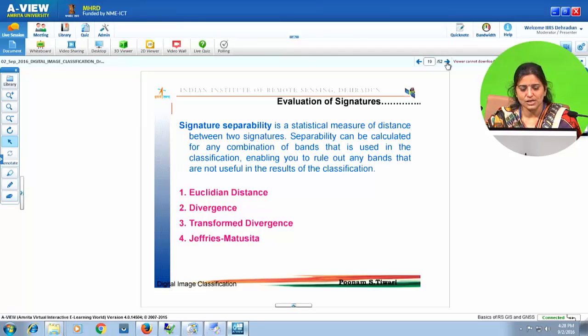You can use any of the distances such as Euclidean distance, divergence, transformed divergence, Jeffreys-Matusita distance, Bhattacharyya distance, and so on, for evaluating whether the signatures are separable or not. The information about these distances you can find in any literature about digital image processing.